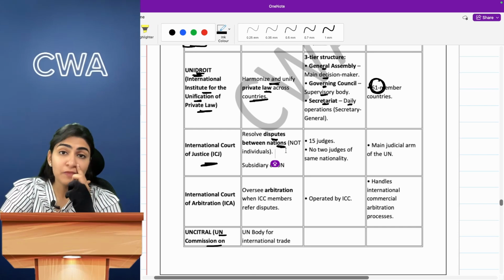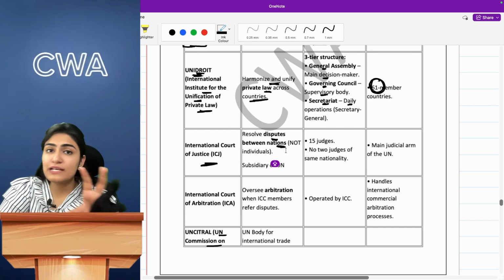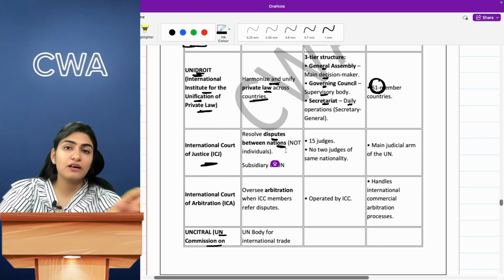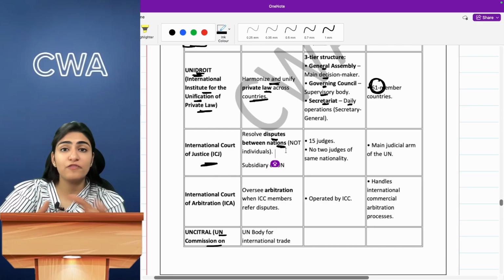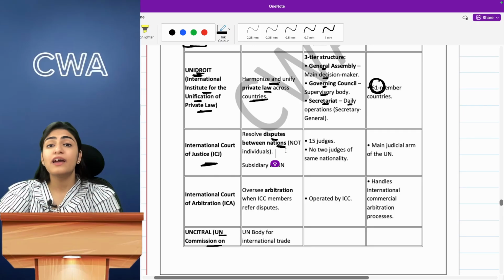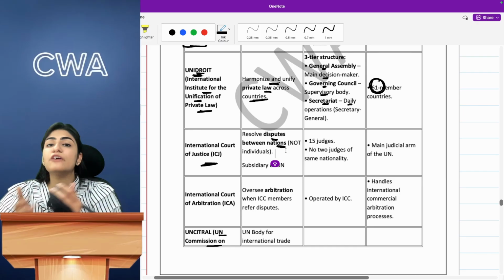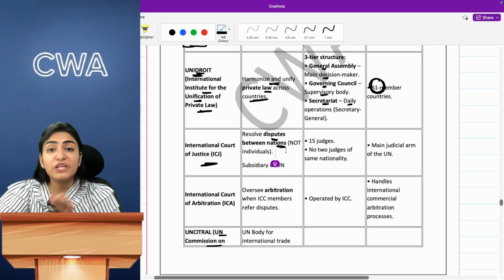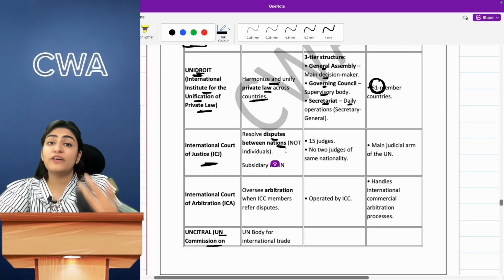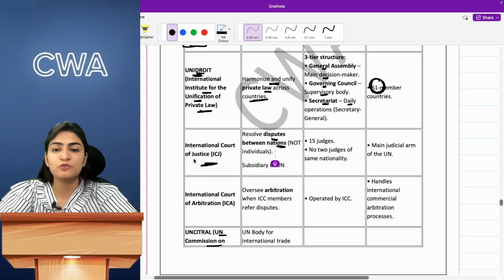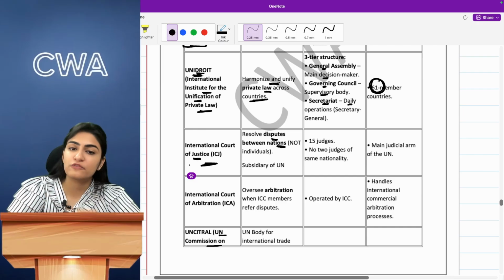Like let's say if US and UK are trading with each other, it is obvious that they might have a contract and some trade rules and regulations and terms and conditions. If any of the countries breaches those terms and conditions, then where they are supposed to go is the International Court of Justice.